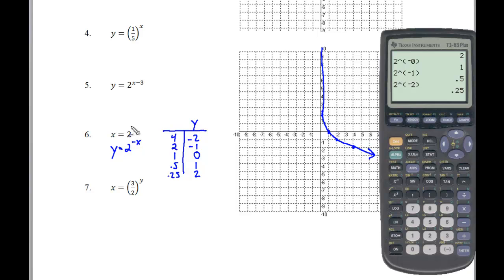So these are inverses of each other because I flipped the y's and x's around, and this is where I substituted in the value for the y to find my x. So we're going to do the same thing for this problem down below. We're going to plug in numbers for my y, negative 2, negative 1, 0, 1, and 2, and go figure out what these are.